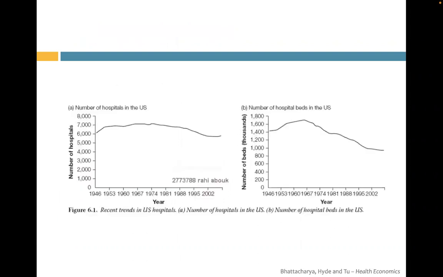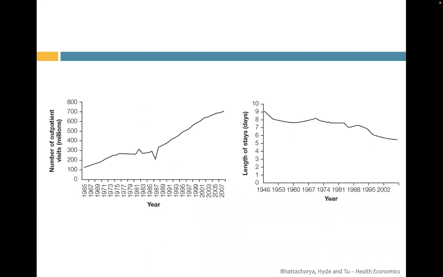However, if you look at the graph, you can see that the number of hospitals and hospital beds starts declining from the 1970s, okay? And the number of outpatient visits has been steadily increasing. And if you look at the right graph, the length of stay in the hospital is also slowly decreasing.